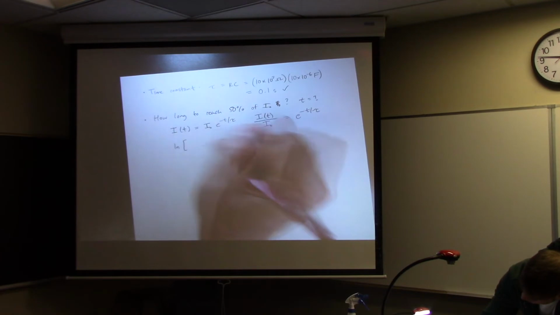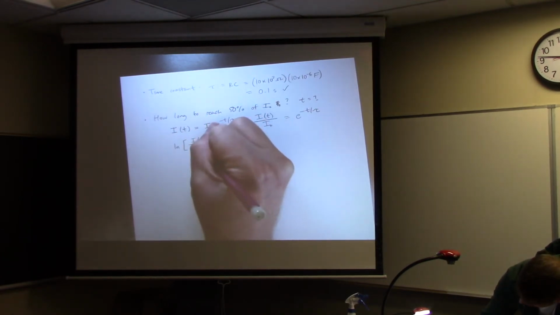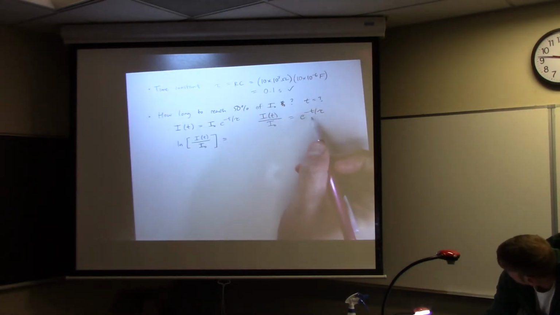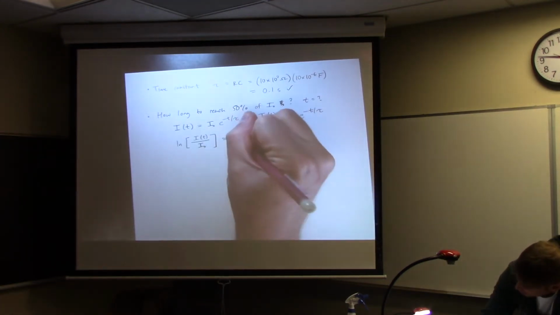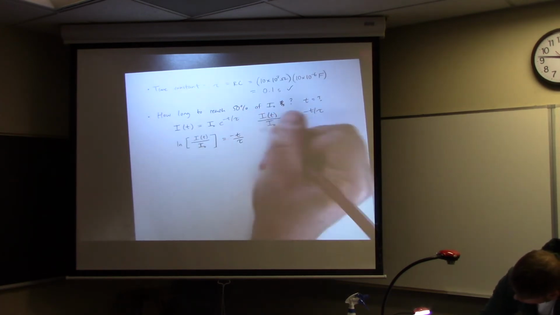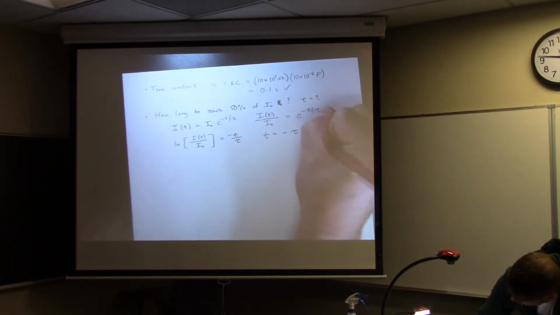So I'll have ln of I as a function of time divided by I naught, equals, when I take the natural log of an exponent, I just get rid of the exponent. So I just get minus t over tau. So what do we have? t is equal to negative tau, natural log of the current at time t, divided by the max current.